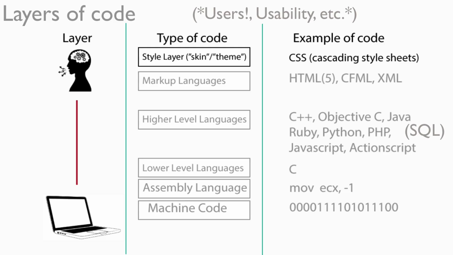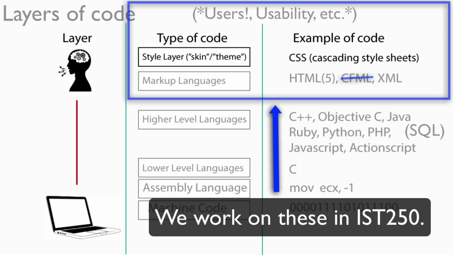And so when we're talking about code, we certainly need to be looking at primarily the code that you need, right? So no one person is going to be working with all of these layers of code. In this class we talk about the higher level, or I shouldn't really call them the higher level.